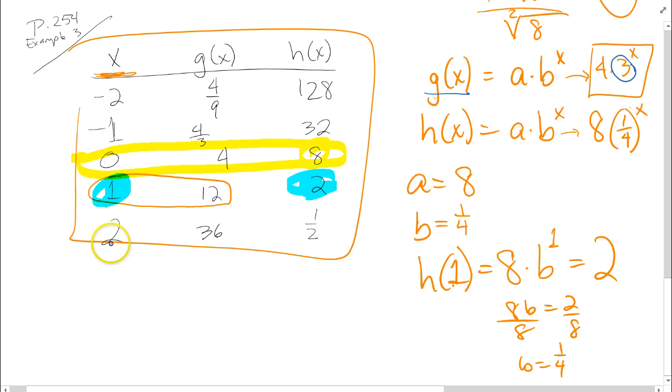When x's increased, my y values decreased. And the base was what? Oh yeah, 1/4. So now we get to make some observations here about what is happening with the base and what we can decide should be happening with the y values.